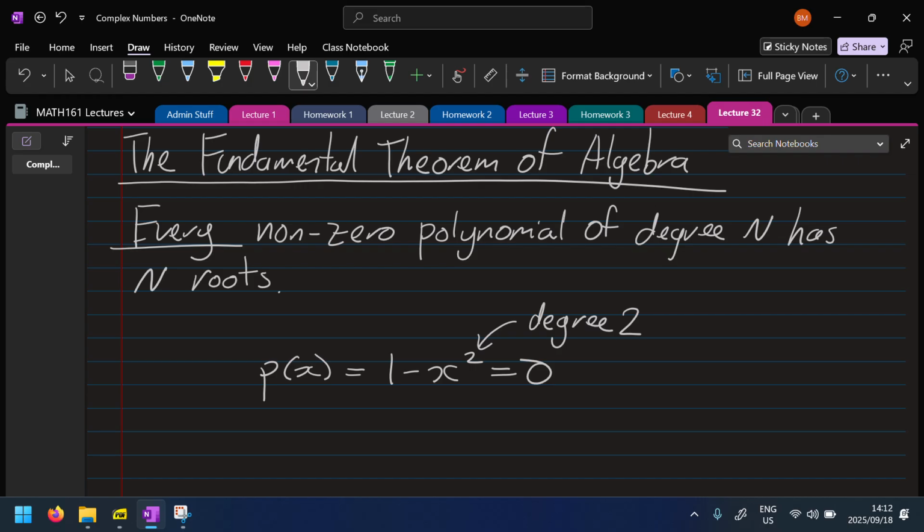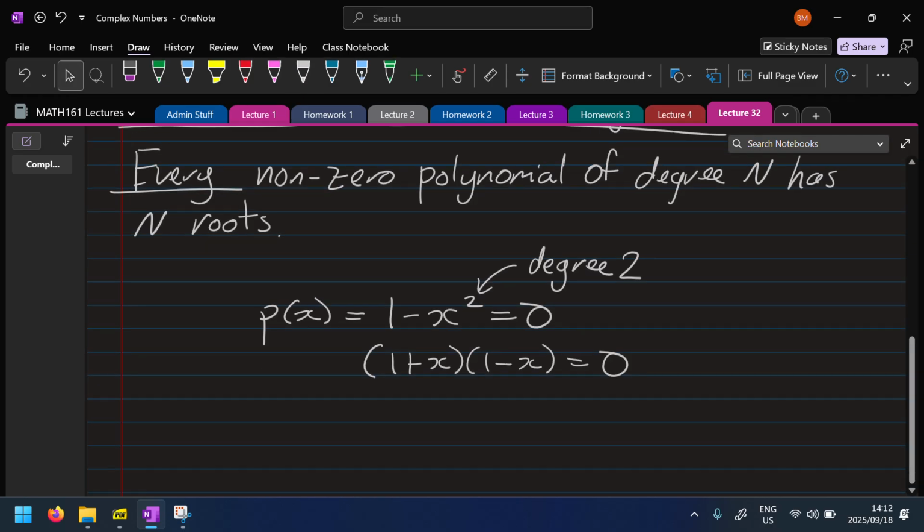So we have 1 minus x squared. We can factor that as 1 plus x, 1 minus x is equal to 0. So from the first bracket, we get x equals minus 1. And from the second bracket, we get x equals 1. So we get minus 1 and plus 1. In other words, we get 2 roots.